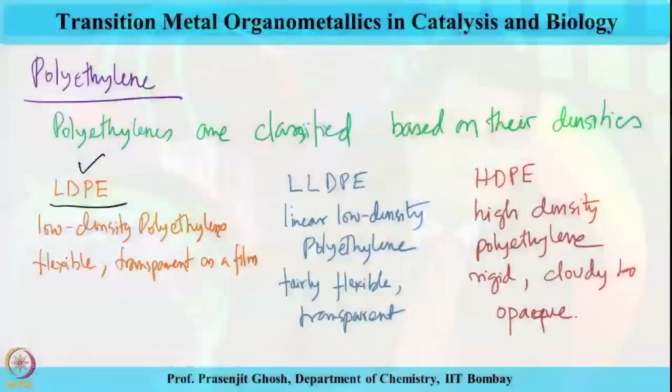And the oldest low density polyethylene was indeed synthesized using oxygen as the radical initiator by a company called ICI, Imperial Chemical Industries, way back in 1933.